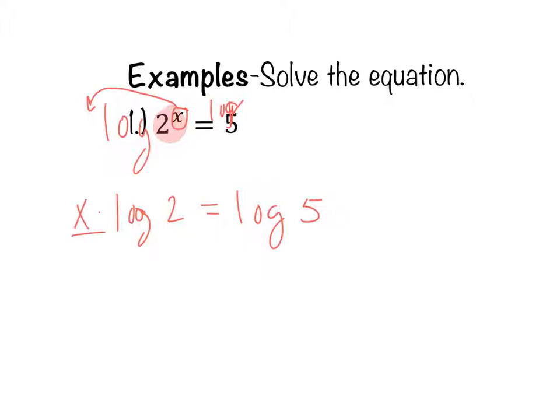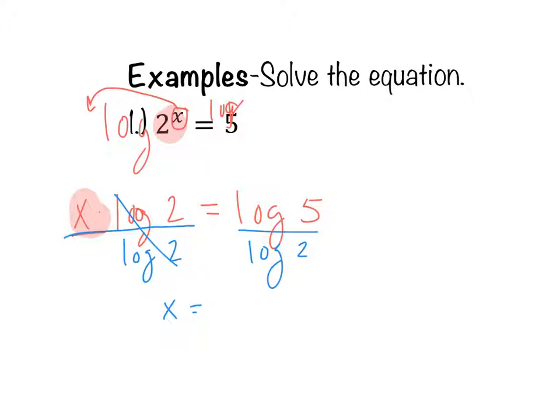To get x by itself, since that's multiplication, I can just divide both sides by log 2. That'll cancel, and then x will simply be the log of 5 divided by the log of 2. And this is where you'll have to take your calculator out.